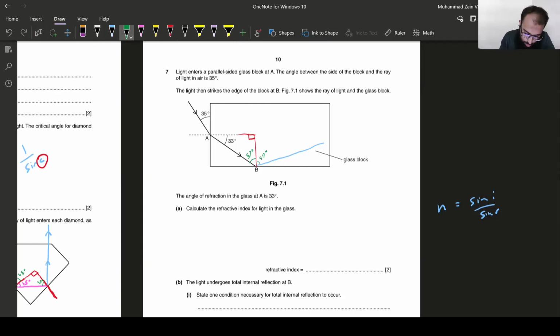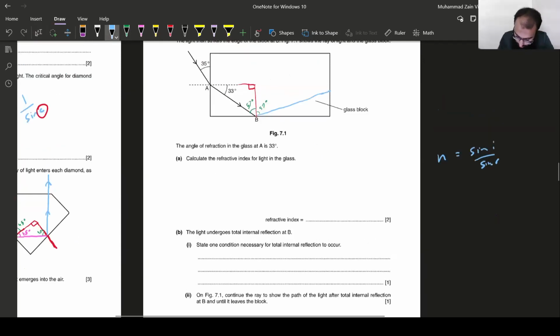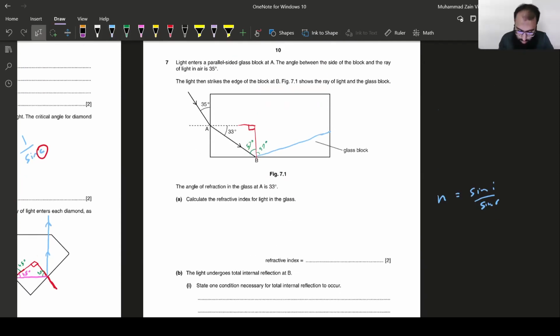So 57, 57, it goes on till it reaches a point here, and then it reflects and goes out of the glass block. So I make a normal, and all I need to show is that once it goes into air, it will move away from the normal. That's how I get my marks.